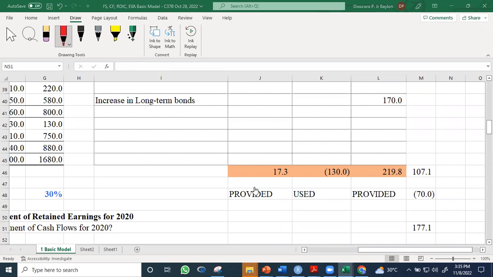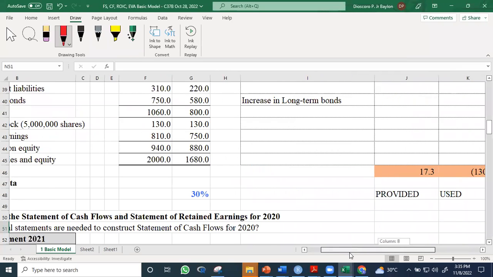All right, correct, overstated. Thank you for your answers. Sobra tayo ng 177.1. Dapat babawasan natin to ng 177.1. Pagbawasan natin ng 177.1, lahat to, it will become negative 70. All right? Kasi 107.1 minus 177.1 will give us negative 70.